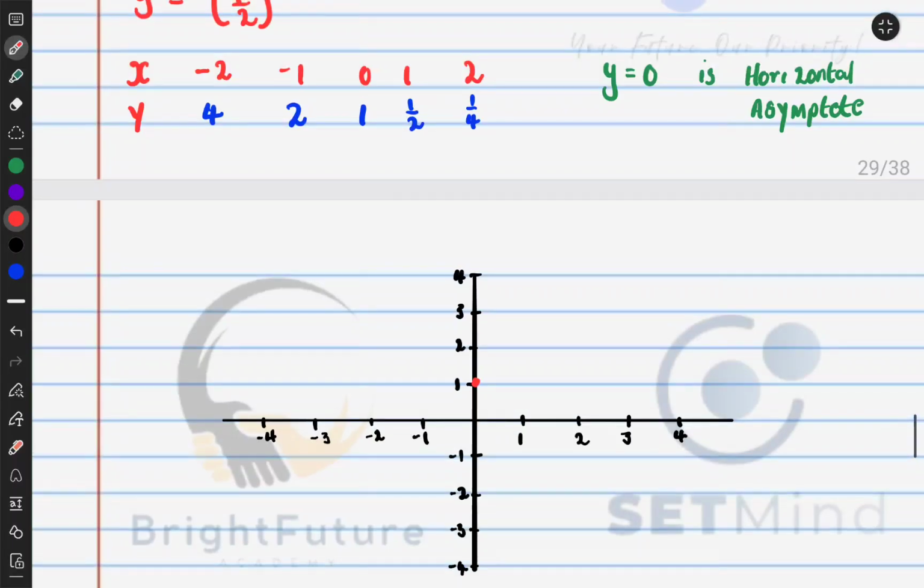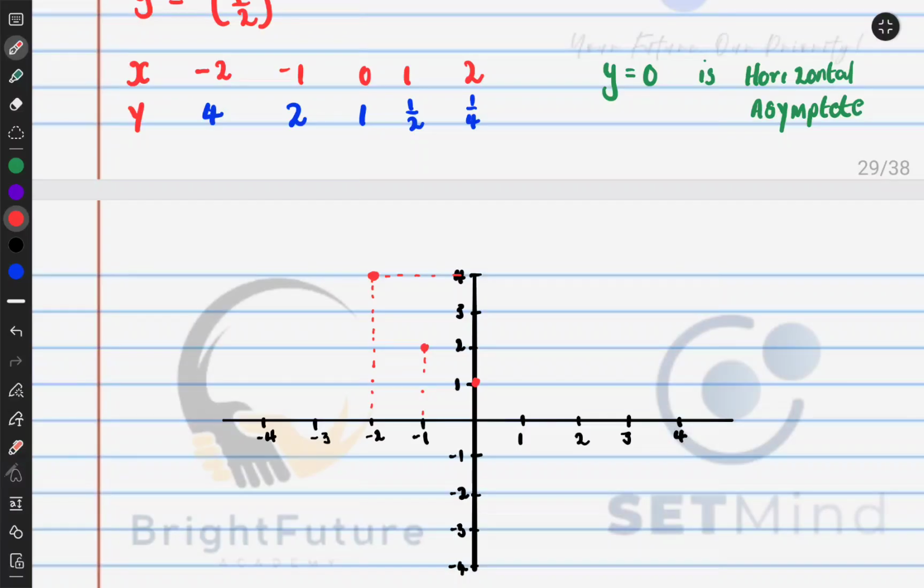Where x is equal to -2, y is equal to 4. And where x is equal to -1, y is equal to 2.